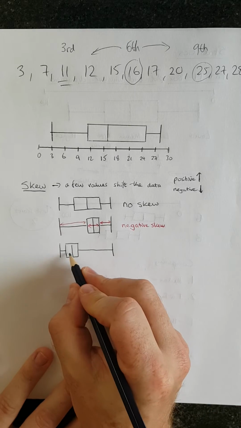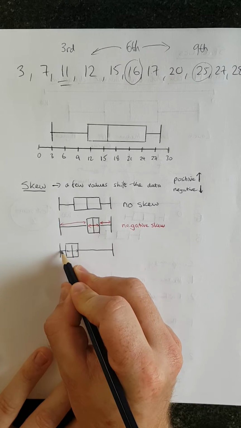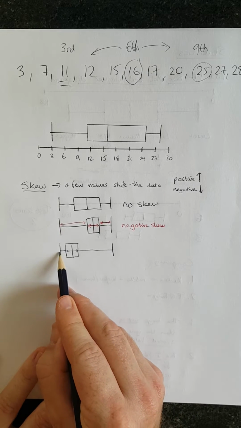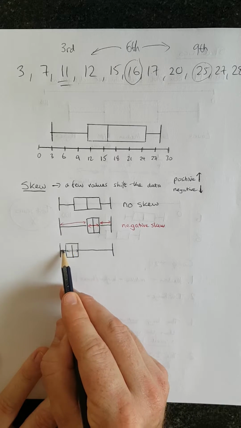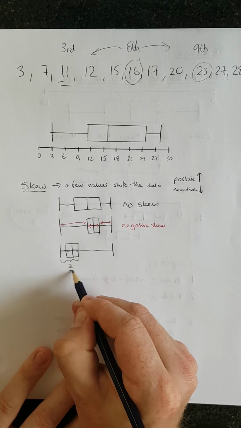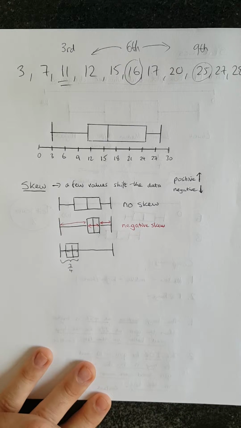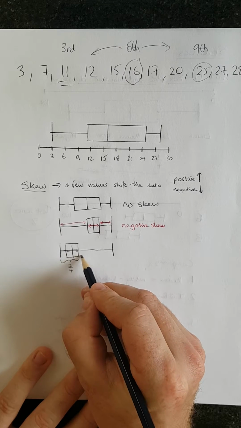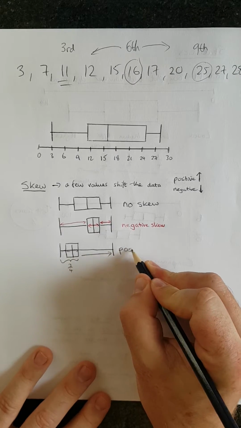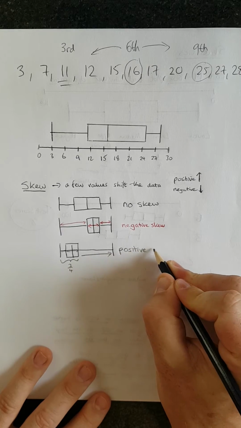On the next diagram, you'll see that actually not only is the interquartile range narrow, but there's another quartile that's narrow with it. So 3/4 of the data is in this tiny section on the end. And then the other quarter is dragged all the way out to here. And that is positive skew.